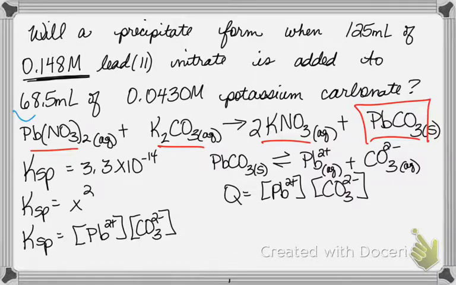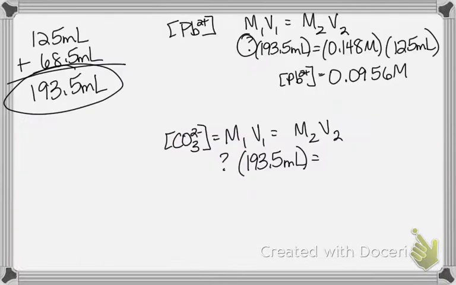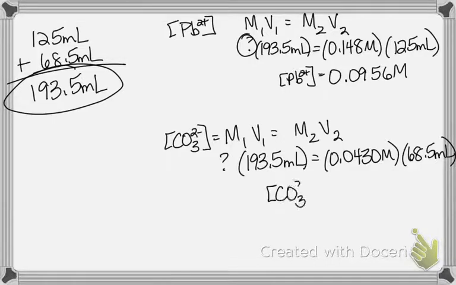Well, obviously it's coming from the 68.5 mils of the 0.043 molar. So when we calculate that, the concentration of the carbonate, I get 0.0152 molar. That's the carbonate in the solution.